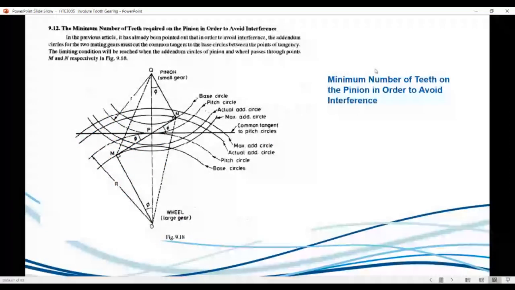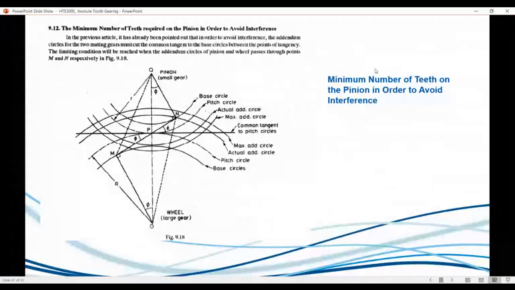So based on the previous part, especially for the design end, when we have a particular gear we want to limit certain things. We have to minimize the number of teeth on the pinion to avoid interference, and we can do it on the wheel.